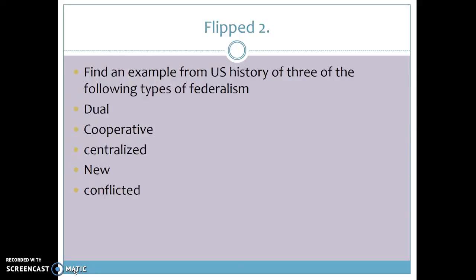So that's all. You're just finding something that a president or a state did that shows an example of conflicted federalism or new federalism or centralized or dual or cooperative. But 3 examples. They don't have to be long or detailed. It can literally just be like centralized federalism, Johnson's Great Society. And I think that's it.